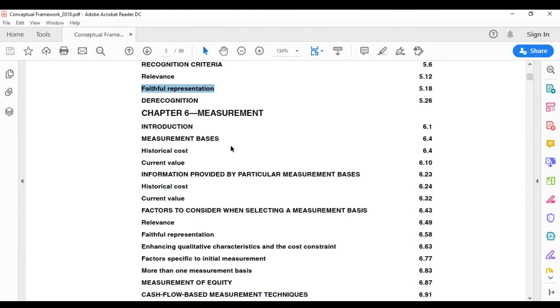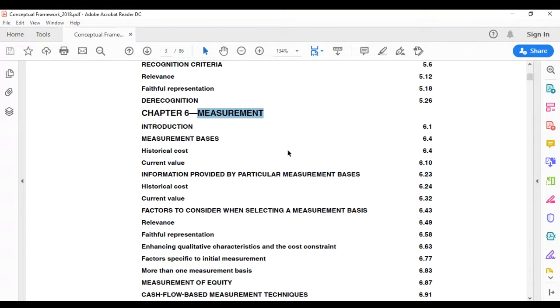Another important chapter is the one that deals with measurement. So here we are going to look at measurement in general. So what is acceptable basis for measurement of any kind of element, whether it be an asset or a liability or income or expense or equity. And then the further financial reporting standards and IASs will give us measurement bases that are more advanced than these, but they only apply to that specific kind of element that financial reporting standard deals with.